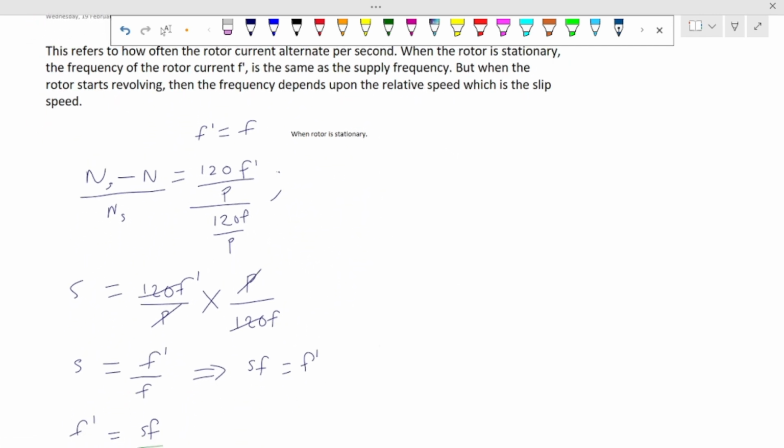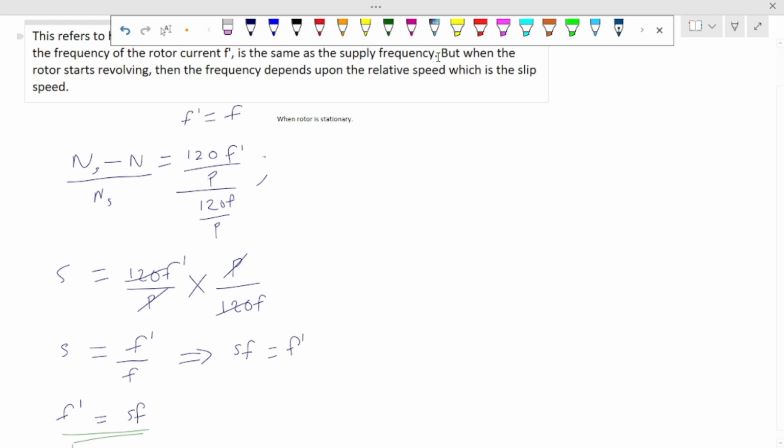And this perfectly matches with the statement given above, saying that when the rotor starts revolving, the frequency of the rotor current, which is this F prime, depends upon the relative speed, which is the slip. Not just the relative speed alone, but the relative speed multiplied by the supply frequency.